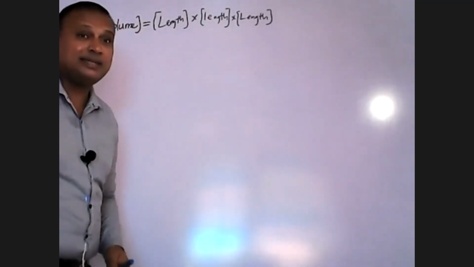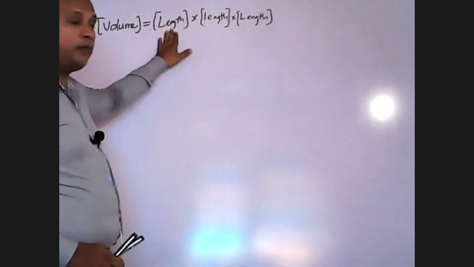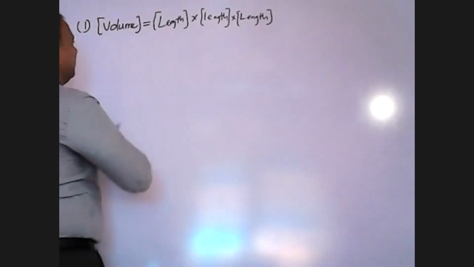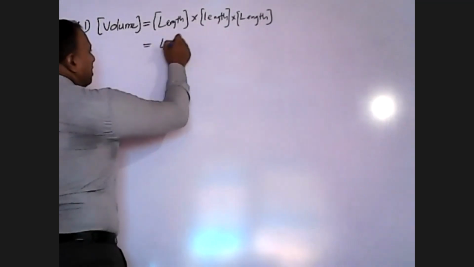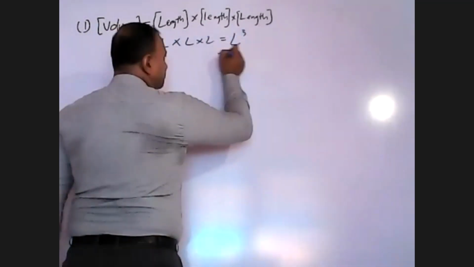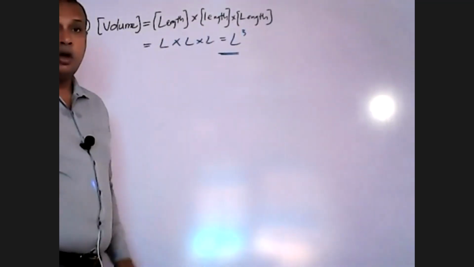First we have to write that equation. So the dimension of volume is equal to the dimension of length into dimension of length into dimension of length. That is L into L into L. So it is equal to L cubed, L to the power 3. That is the dimension of volume.